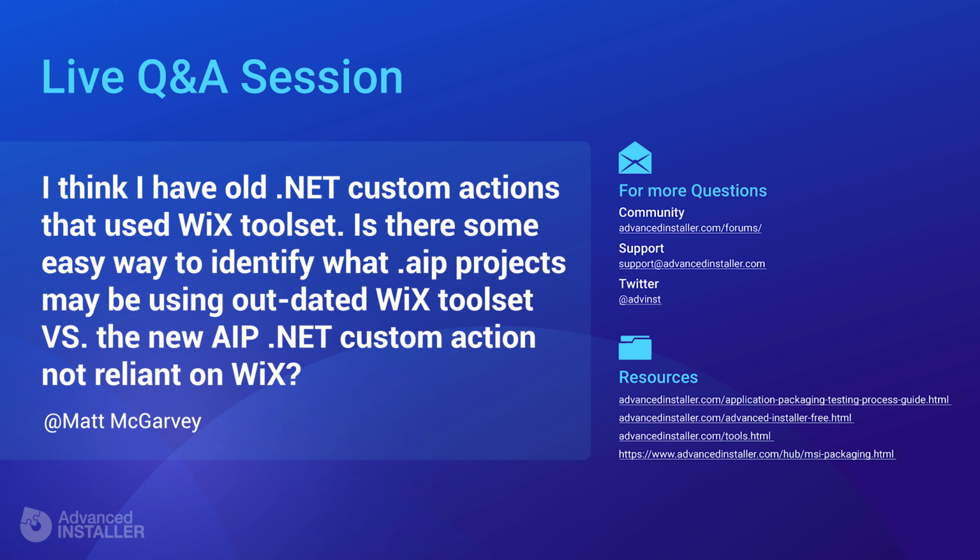The Wix-based framework was generating two DLLs, a native .NET DLL, and a wrapper that was used to integrate the custom action, and the wrapper was always ending with the letters .ca. And these are two relatively easy methods to detect them.